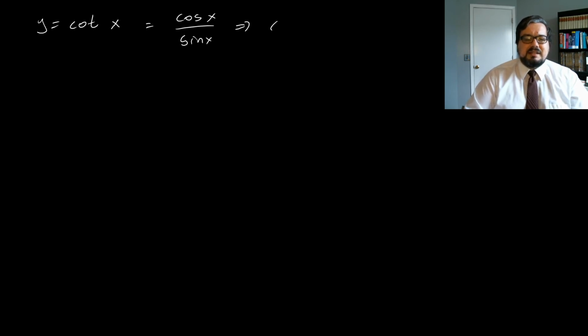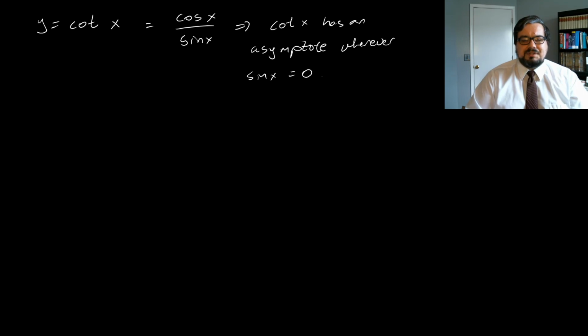And this means that cotangent x has an asymptote wherever sine x equals 0. And that occurs when x is equal to 0, pi, 2 pi, etc., and then negative pi, negative 2 pi, etc., going the other way.